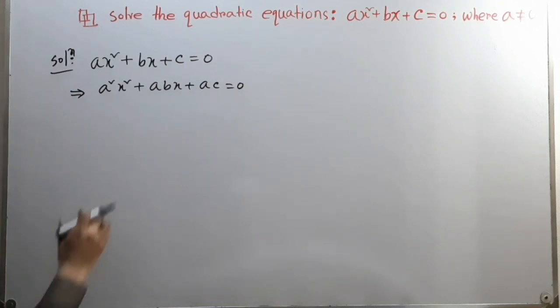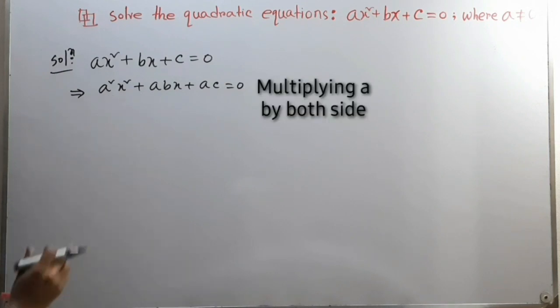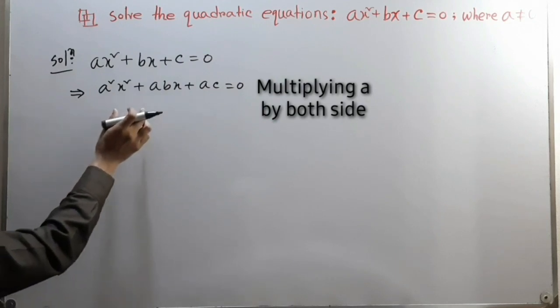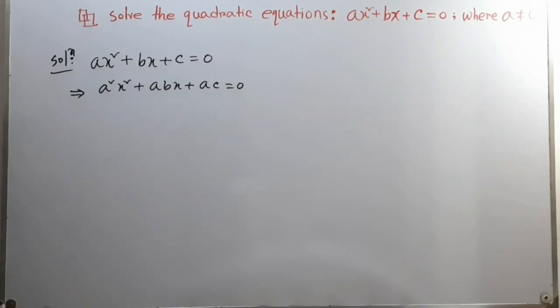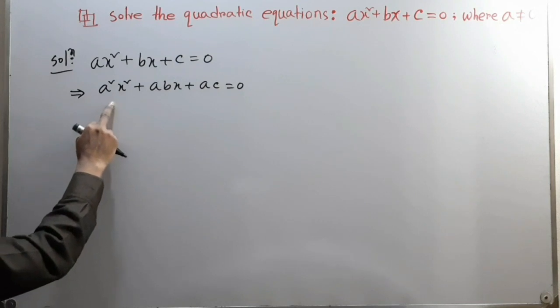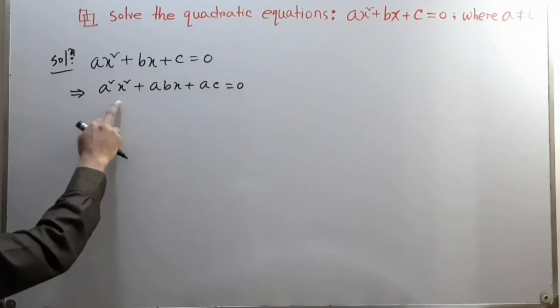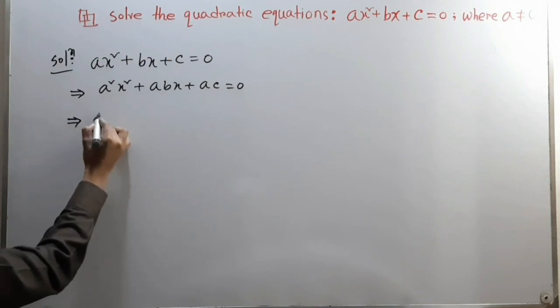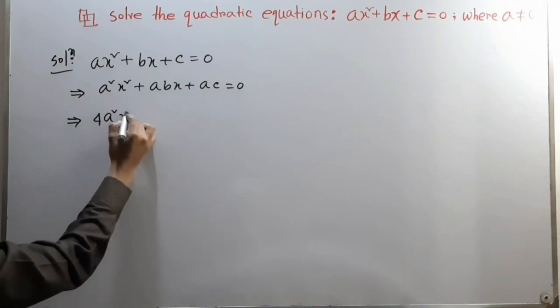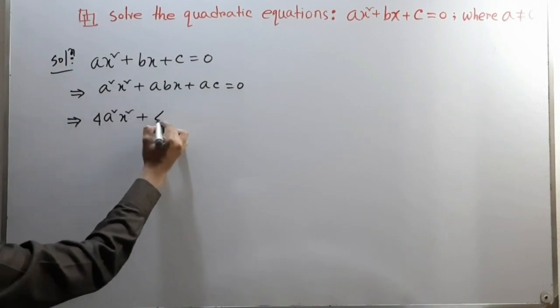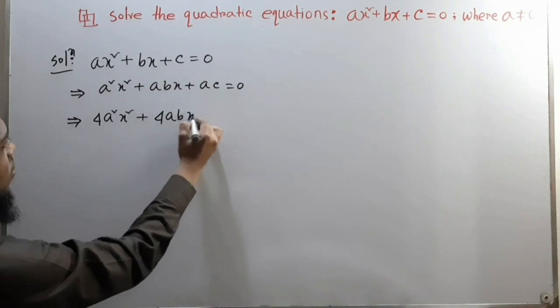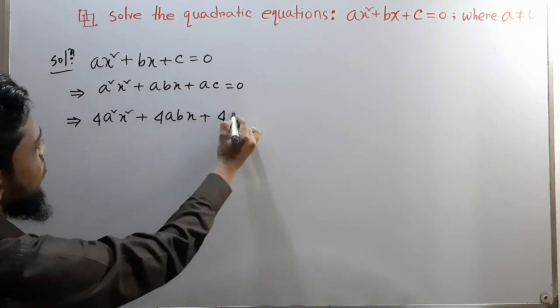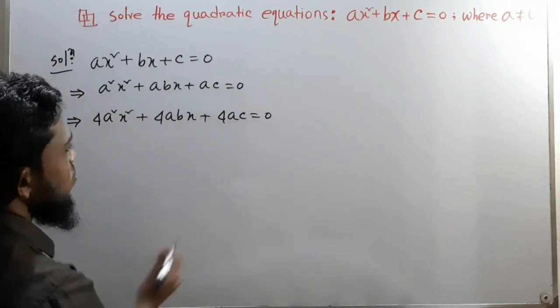Dear students, to make a formula of a plus b whole square and find the roots of this equation in an easy way, you have to multiply by 4. So we can write 4a square x square plus 4abx plus 4ac is equal to 0.